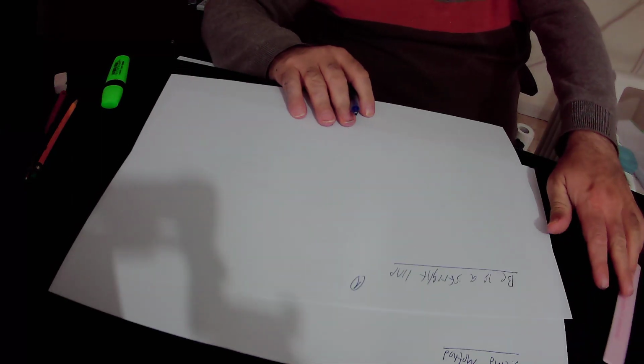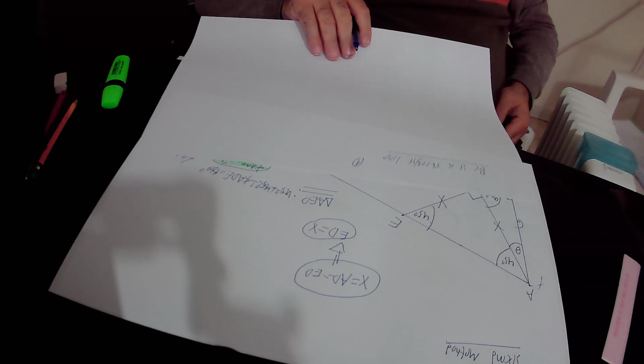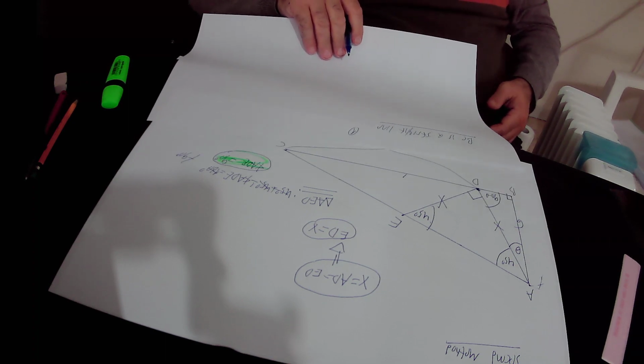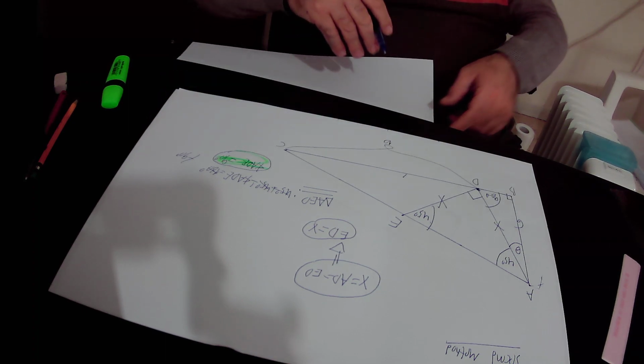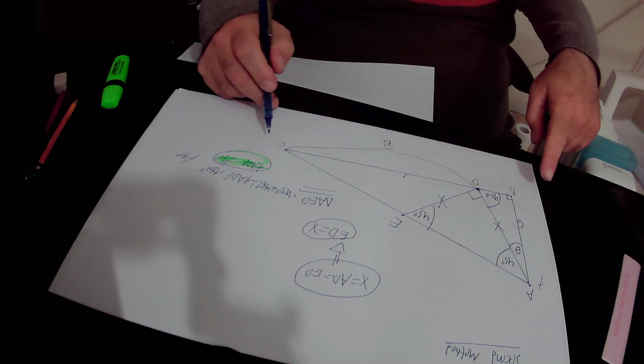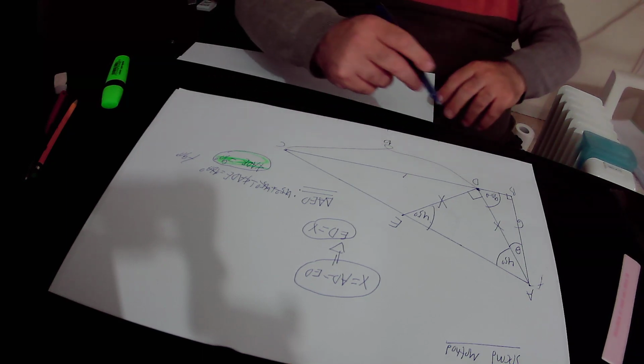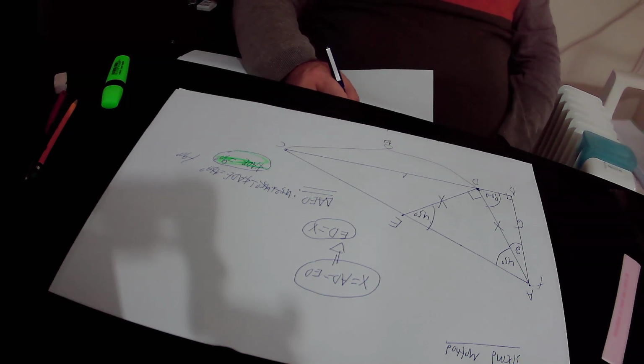We have the rule that the sum of the angles on one side of a straight line is equal to 180 degrees. So if we focus on the upper side of the straight line BC at point D, then the sum of the angles must be equal to 180 degrees.